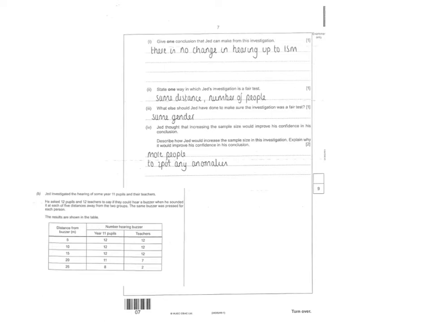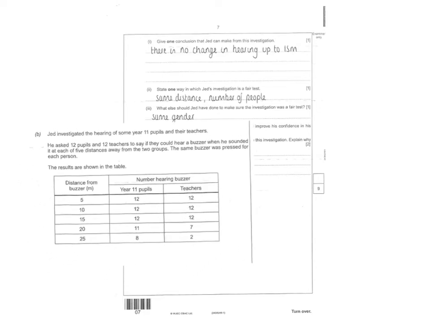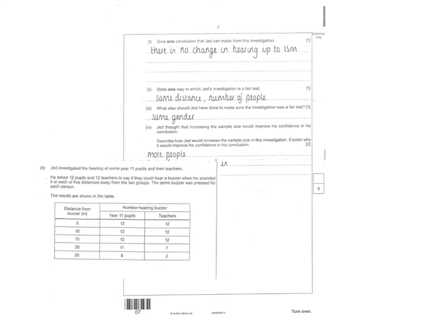Give one conclusion that Jed can make from the investigation. One is that there's no change in hearing up to 15 metres. So at 15 metres, the Year 11 pupils and the teachers, the same number of pupils could hear the buzzer.